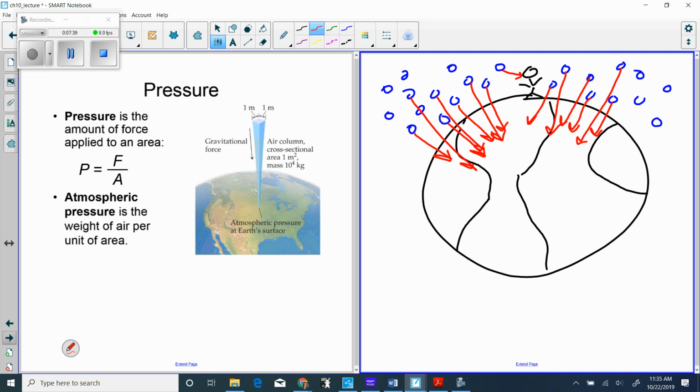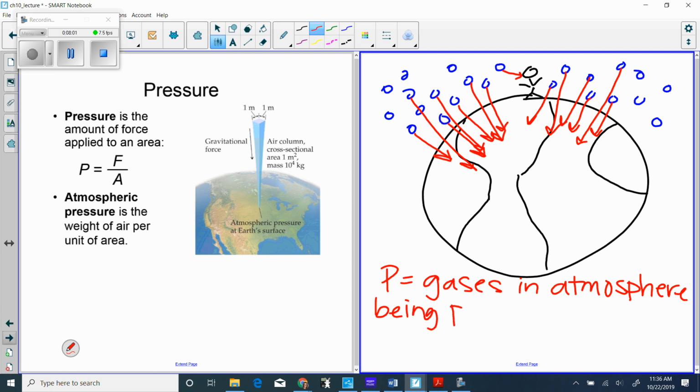Because the gas particles are being pulled to the center of the Earth, that is what pressure is. That one's hitting you in the head. It's because you have gravity. You have mass.